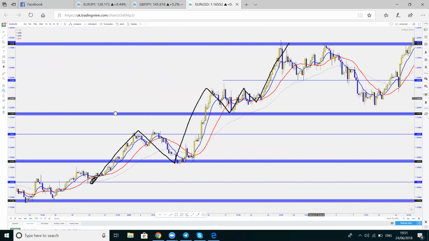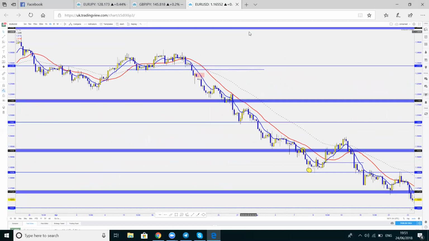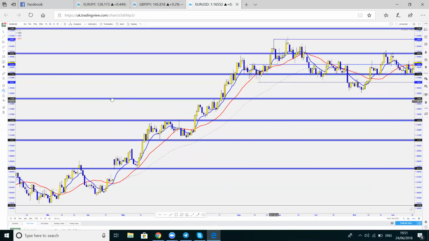But you can see the difference between that price action and this price action. Look at the choppiness. You will see small retracements in between. So therefore, we are using a daily time frame for Euro USD as a major market structure, guys.